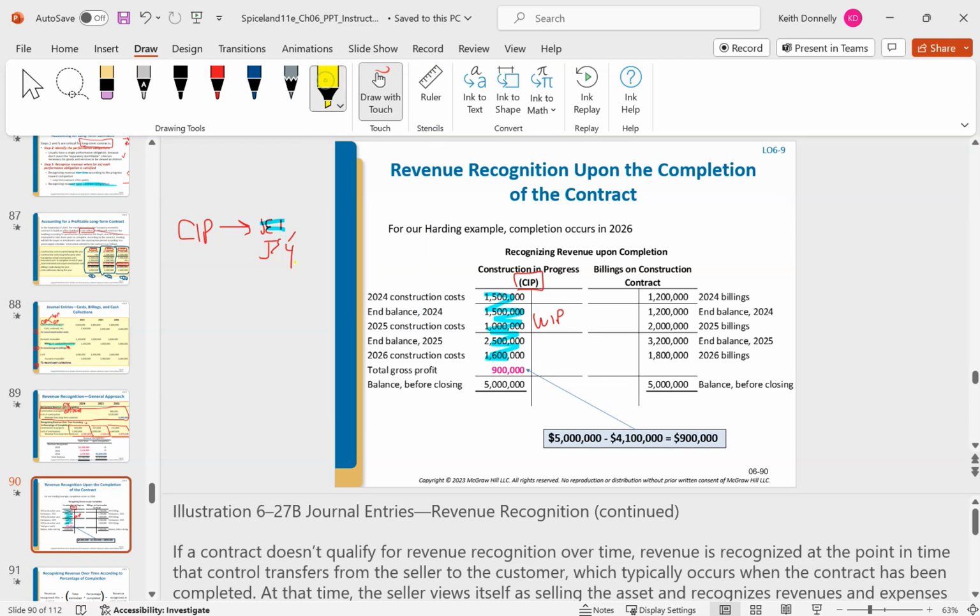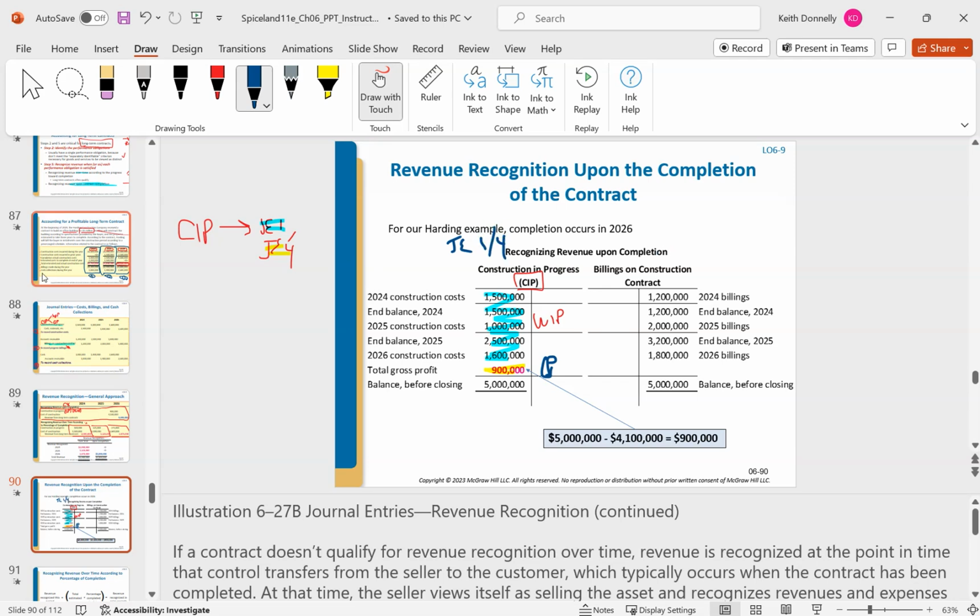And in journal entry 4, that's where we're recognizing the gross profit on it. Essentially what we do here is we build up this CIP account, so that's journal entries 1 and 4.